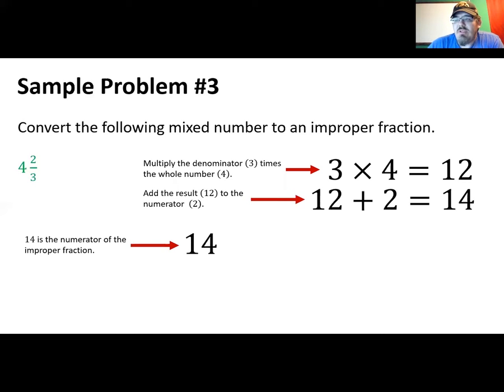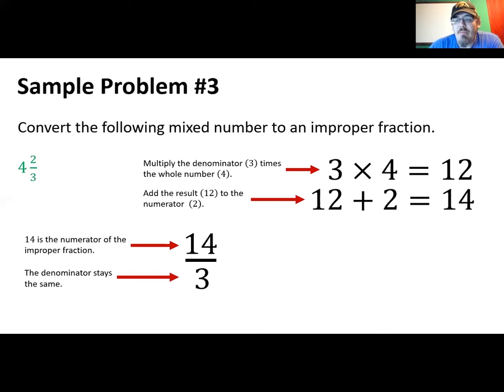Okay, 14 becomes the numerator of the improper fraction. And then for the denominator, you keep it the same. So since the original denominator was 3, the denominator for our answer is also 3. And so 14/3 is our improper fraction.